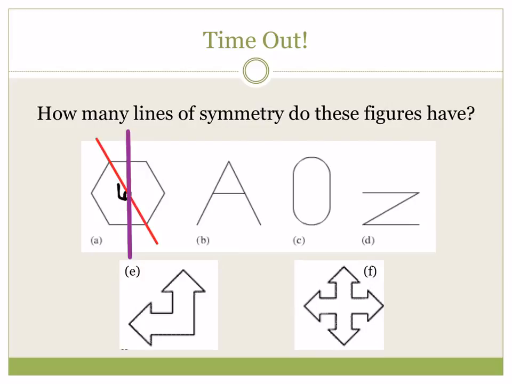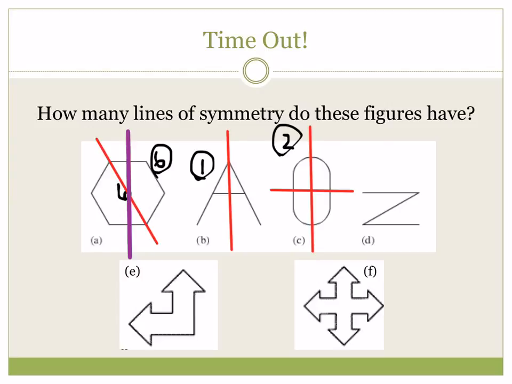How many lines of symmetry for part B? 1. Right here. Just 1. How many lines of symmetry for C? 2. You should have a vertical one and a horizontal one. That was terrible. Let's try again. That's closer. How many lines of symmetry do you have for part D? 0.